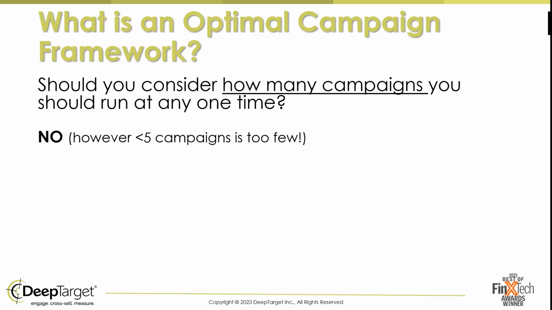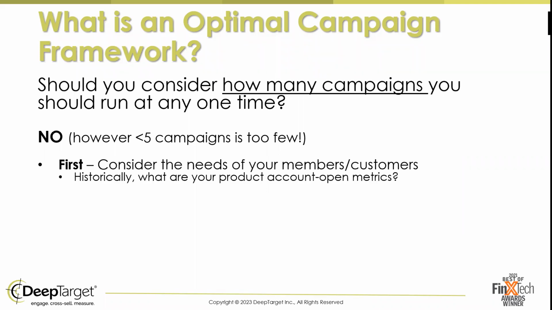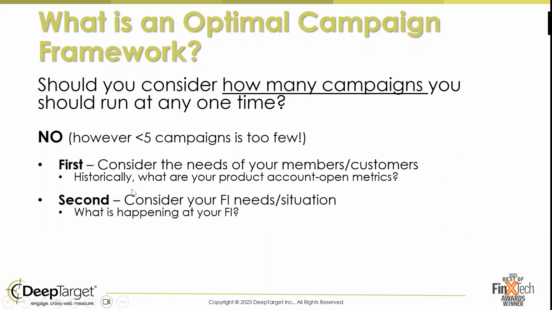So once again, you want to first consider the needs of your customers, and you might look historically on what were your product and account opens over time. Now, we all know that Deep Target can do influence conversions, but our real question is, what are your product account opens totally across your FI, either last month or last year at the same period of time?